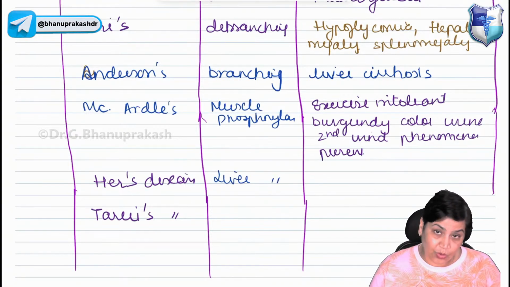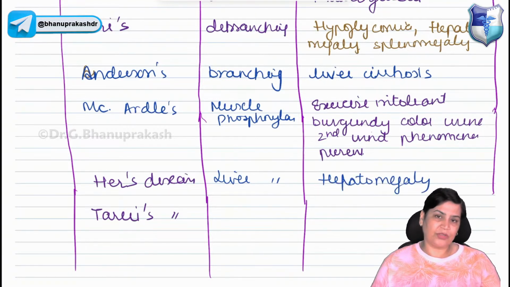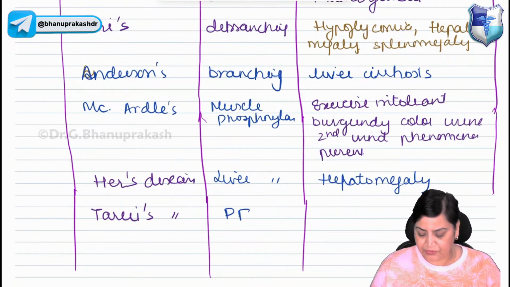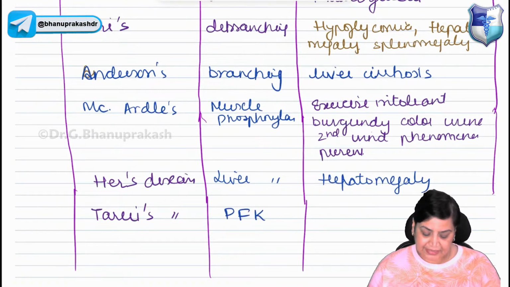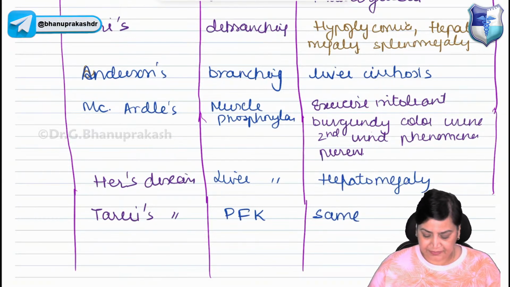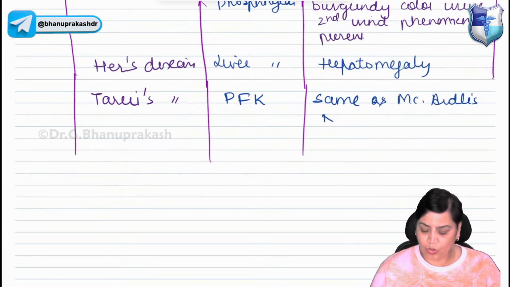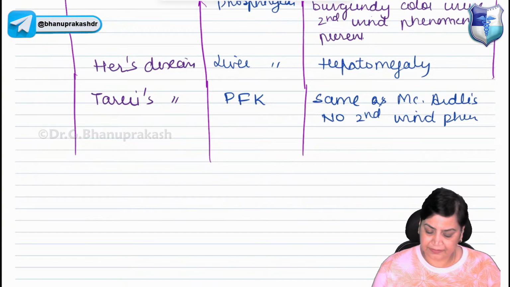And it leads to simple hepatomegaly. And if we talk about Tarui's disease, the deficient enzyme is phosphofructokinase. And Tarui's disease is the same as McArdle's, but the basic difference is no second wind phenomenon is there.